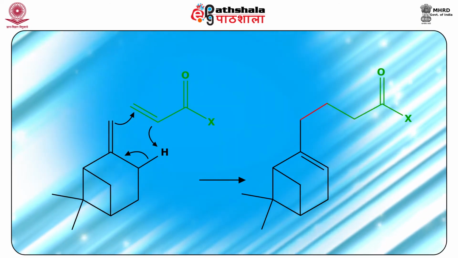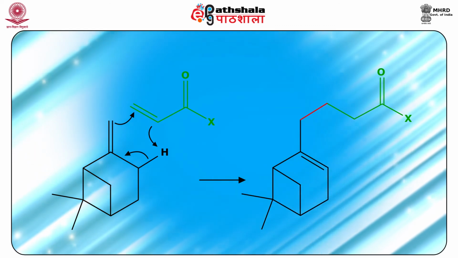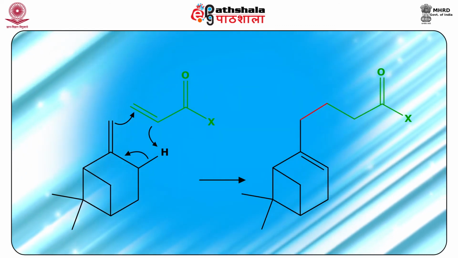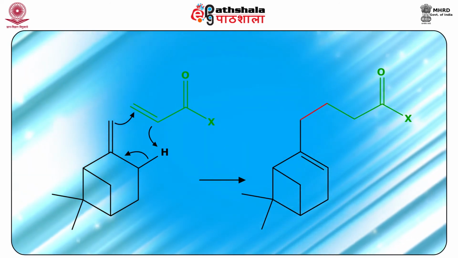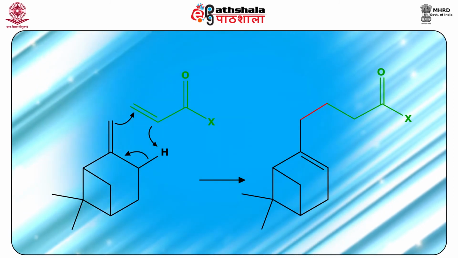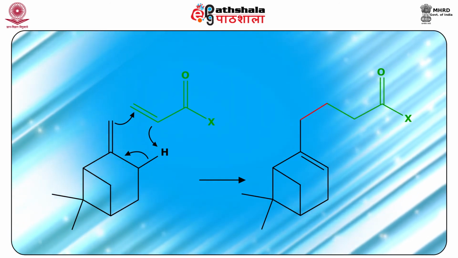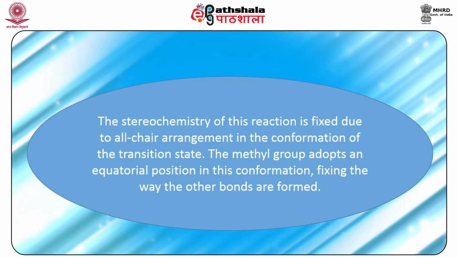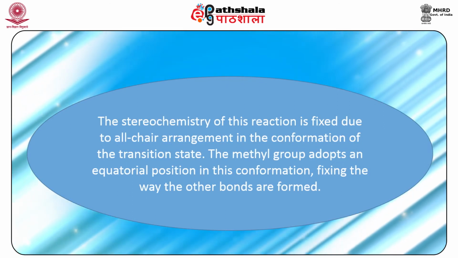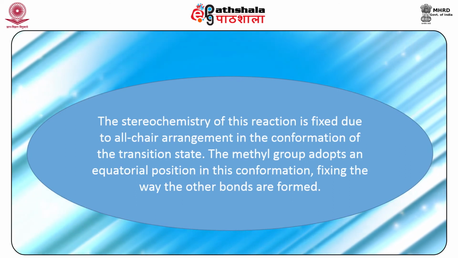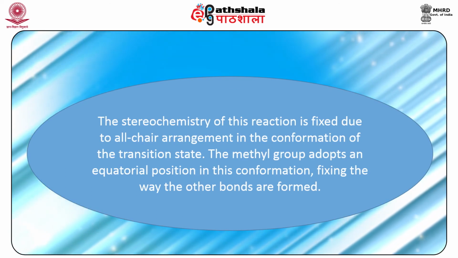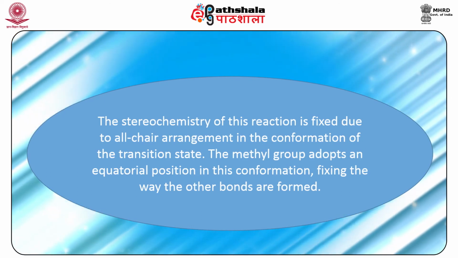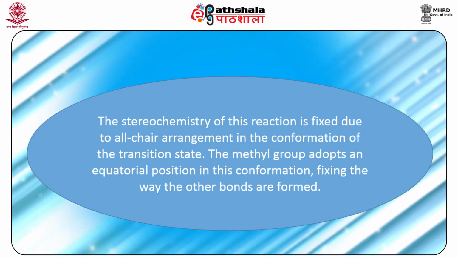These atoms have the largest contribution in the HOMO and LUMO respectively, and in the transition state, bond formation between these two ends takes place to give rise to products. The stereochemistry of this reaction is fixed due to all chair arrangement in the conformation of the transition state. The methyl group adopts an equatorial position in this conformation, fixing the way the other bonds are formed.